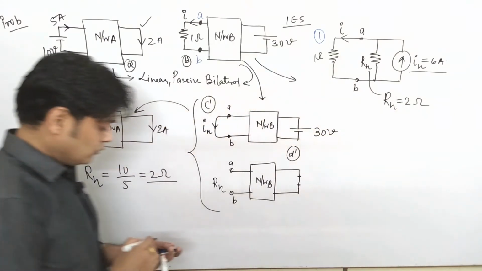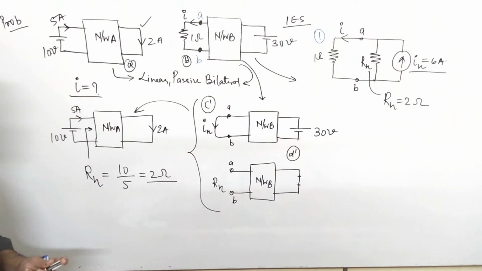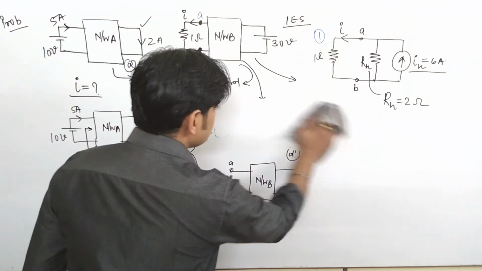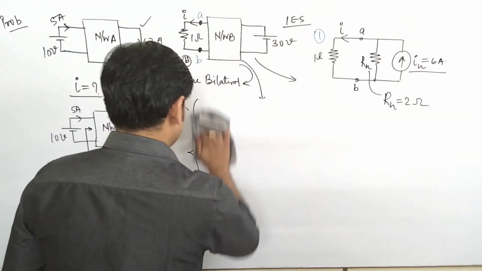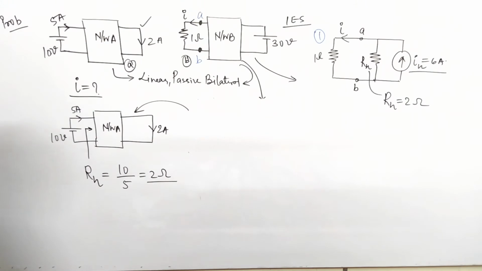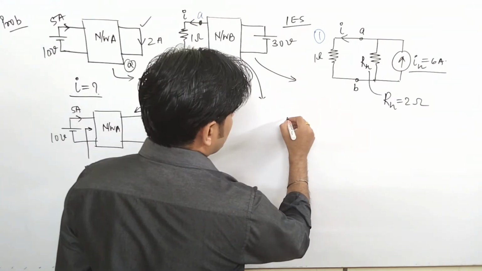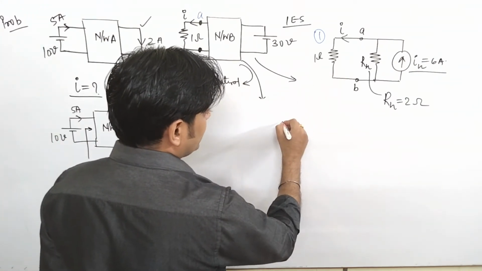Once you find the value of Rn and In, now you can easily find the value of I. We can apply the concept of current division.